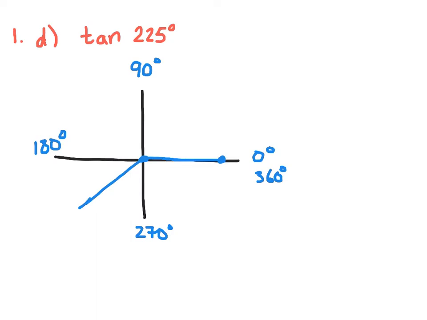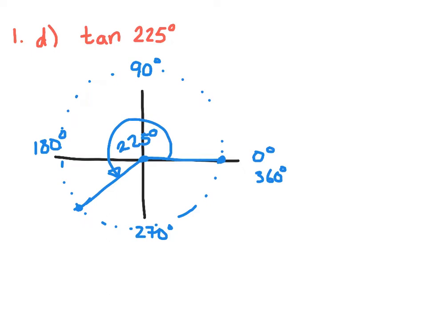It would be bigger than 180 but less than 270. So all the way up to there would be 225. We know, obviously, that this terminal arm rotates around and around in a circle.